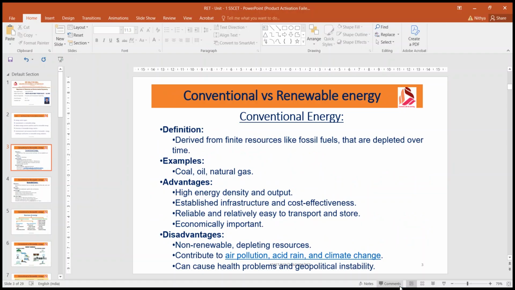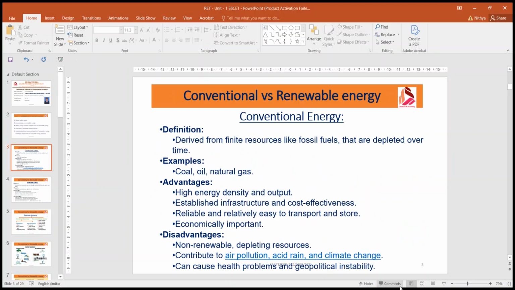Conventional versus renewable energy sources. What is the meaning of conventional energy sources? The basic definition of conventional energy sources is that they are derived from finite resources like fossil fuels that are depleted over time, for example coal, oil, and natural gas.